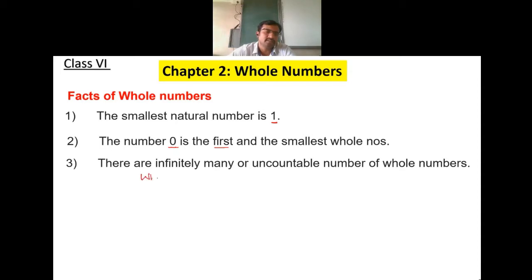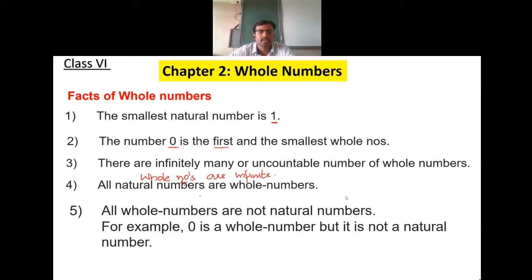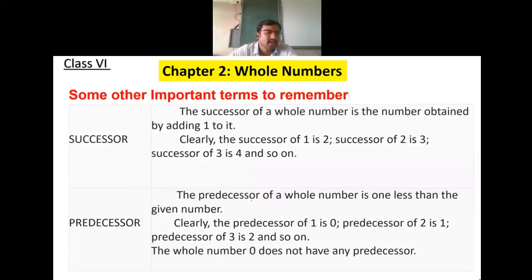So I will write it here: whole numbers are an infinite set. All the whole numbers contain natural numbers. So I can say that all natural numbers are whole numbers. All whole numbers are not natural numbers. For example, 0 is a whole number. It is not a natural number.